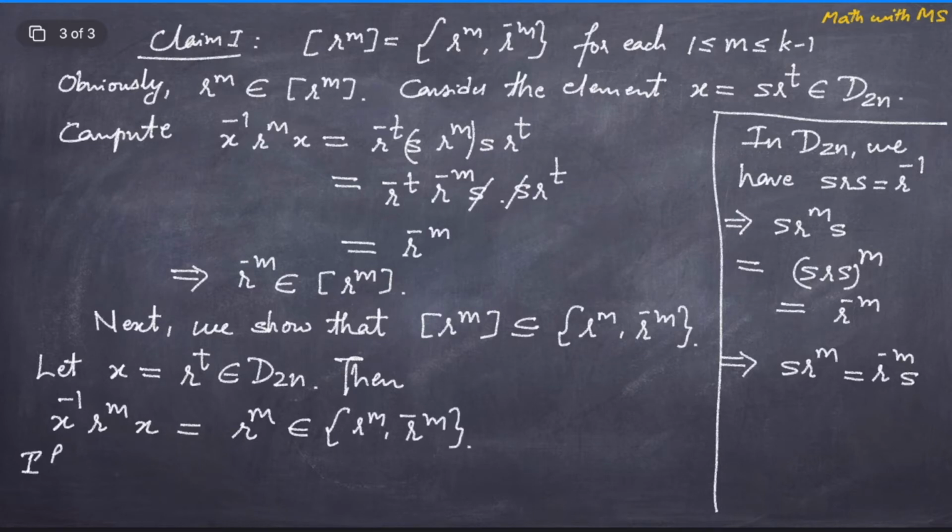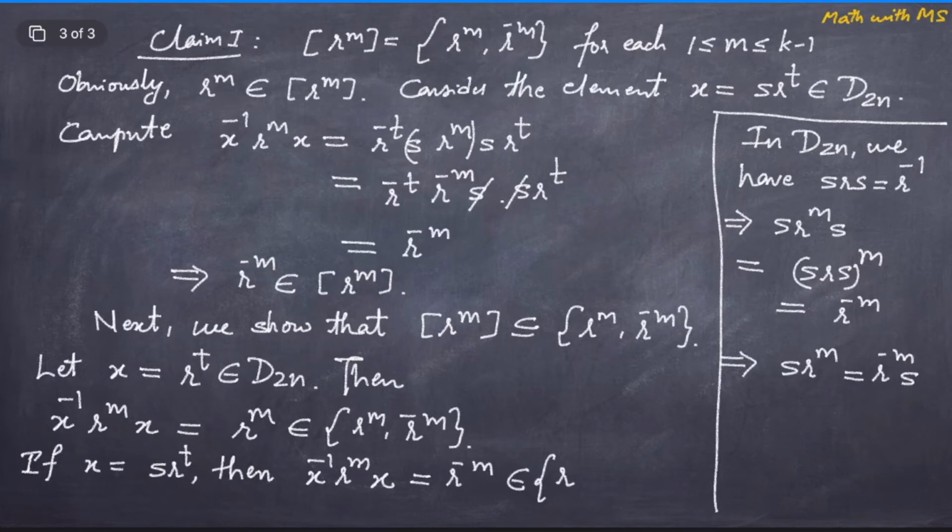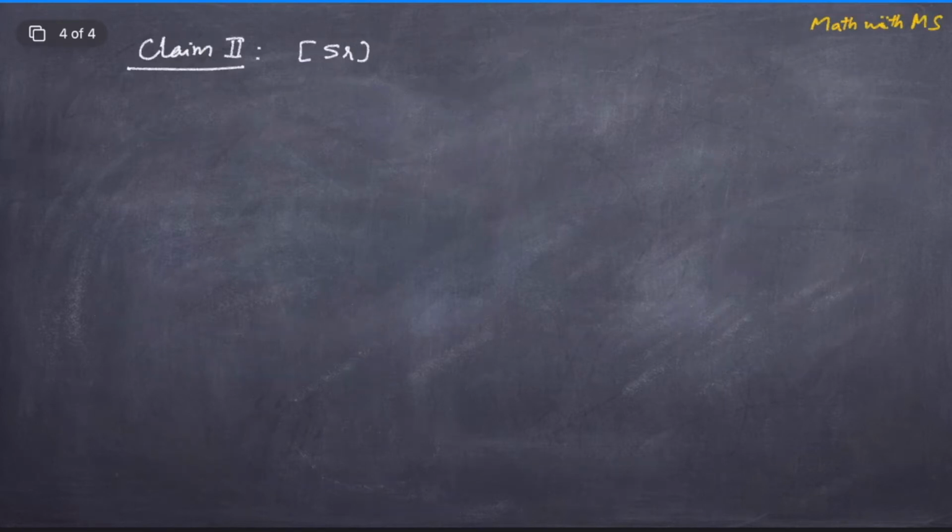And if x is of the form s r^t, then x inverse r^m x is the same as r^(-m), which again belongs to this set {r^m, r^(-m)}. This follows from star. Okay, this proves our claim 1.